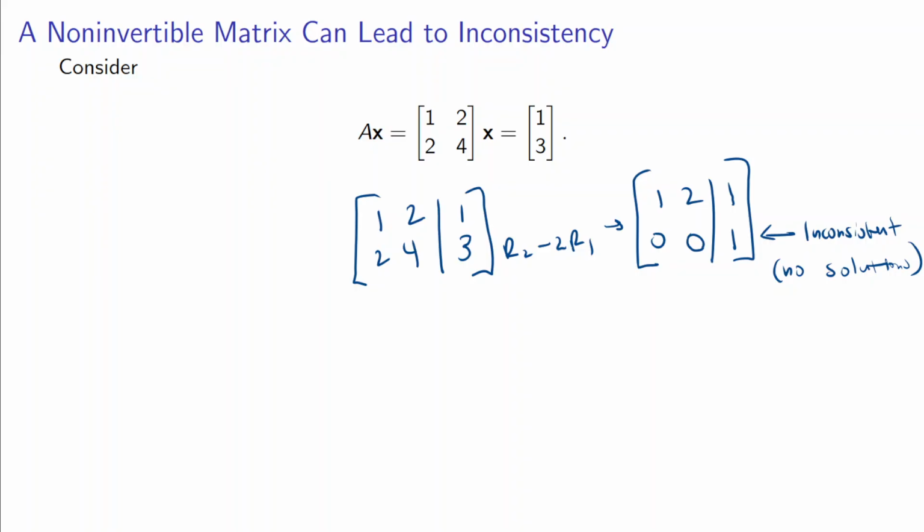One thing we'll see is that for the equation Ax equals b, if A is not invertible, then the system may be inconsistent.